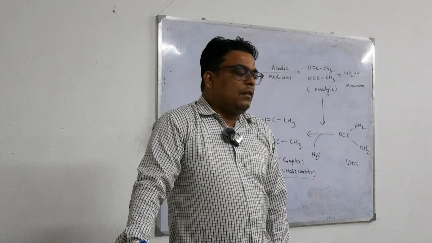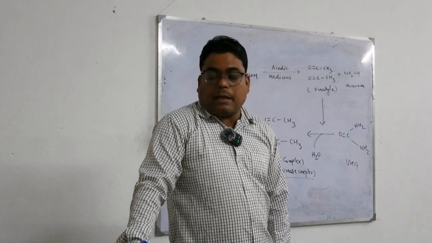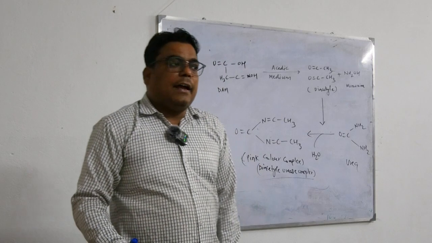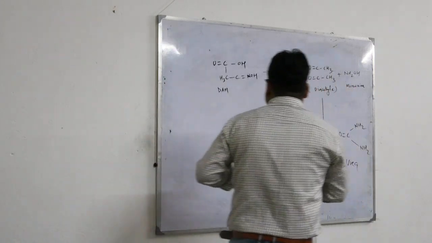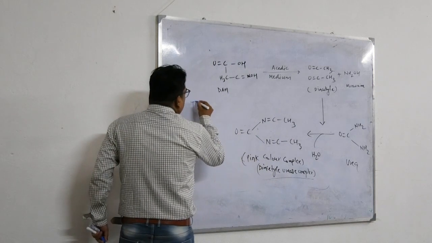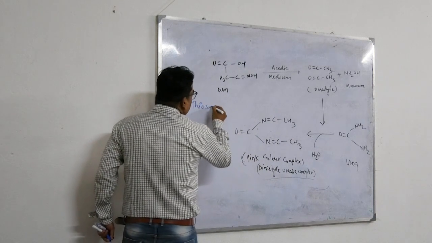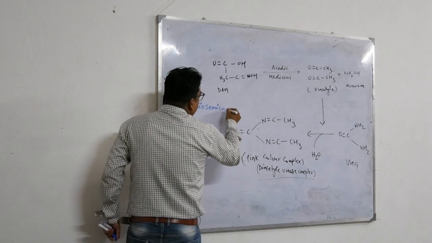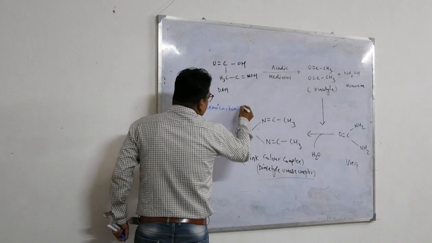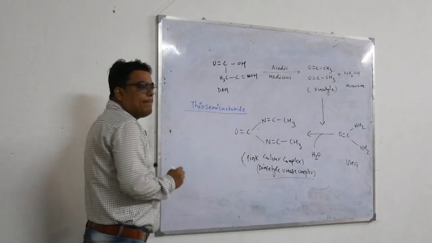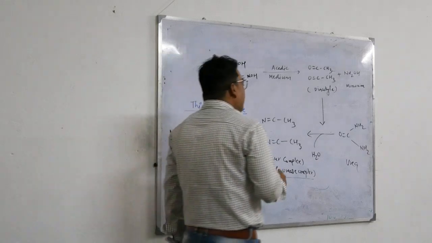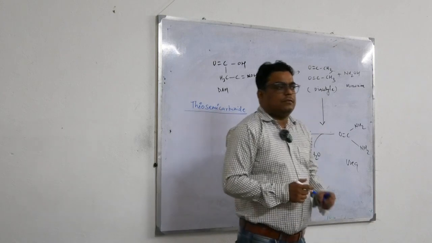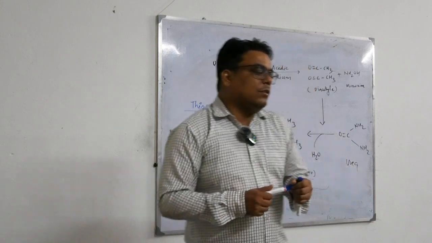FeCl3. Second one is thiosemicarbazide. Write it here like that. Third is blood urea standard solution.